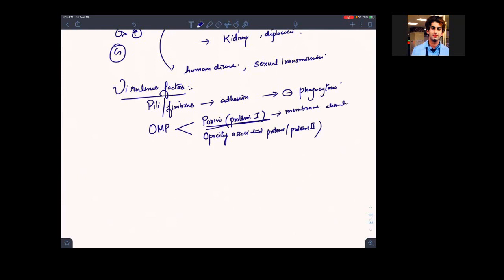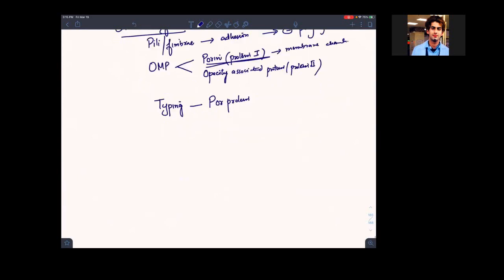Now we have strains on the basis of the genes. We have various strains, so we do typing on the basis of what? Pore protein.